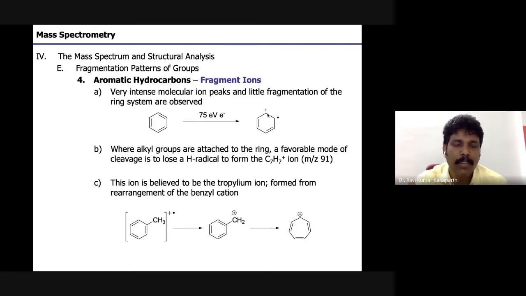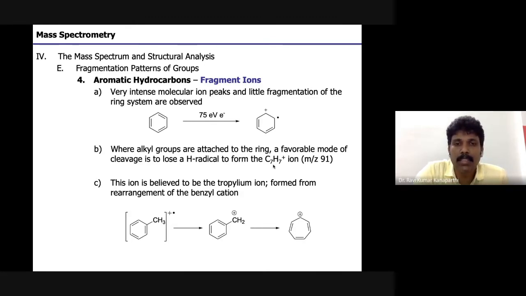If your aromatic hydrocarbon is attached with some kind of alkyl group, it will lose a hydrogen radical and form a very stable fragment, the C7H7 fragment, whose fragment weight is 91.